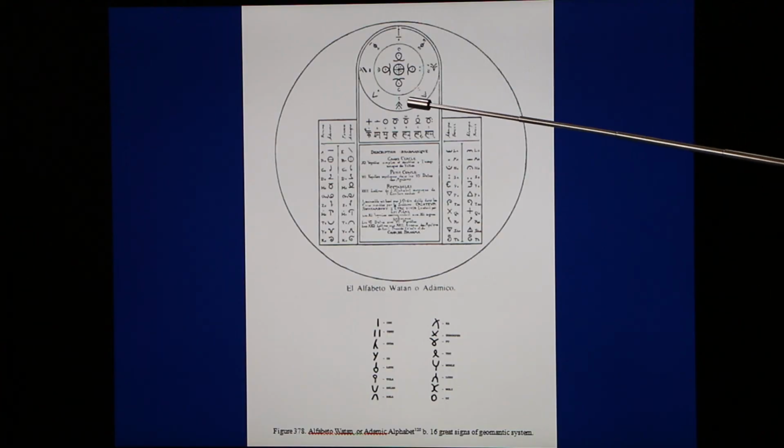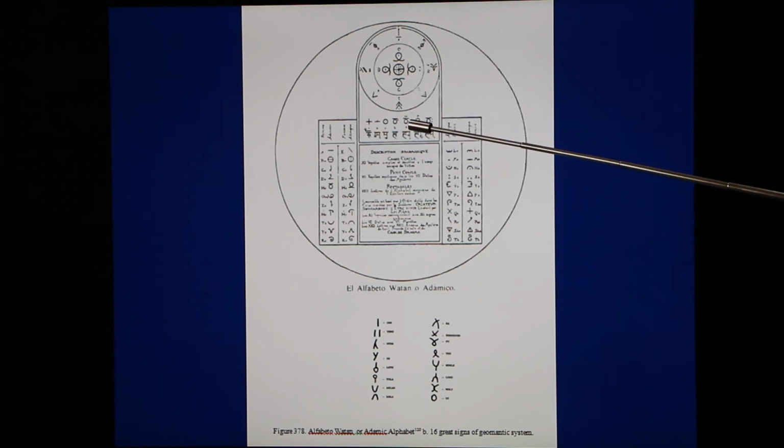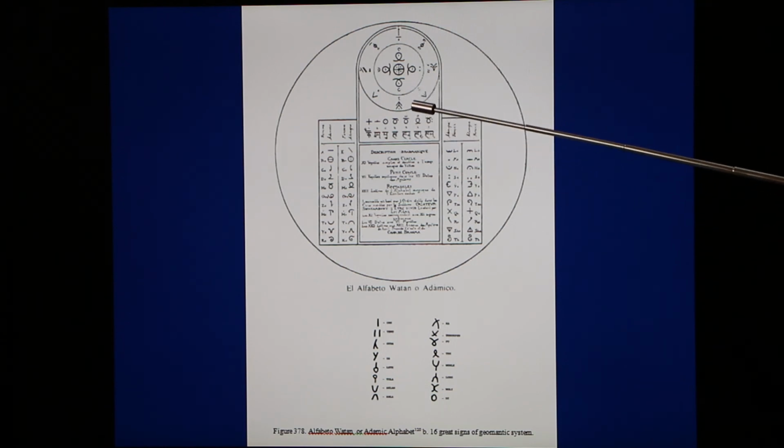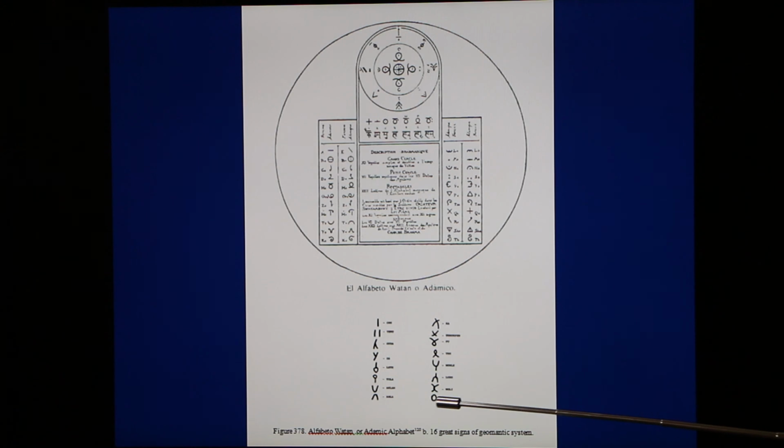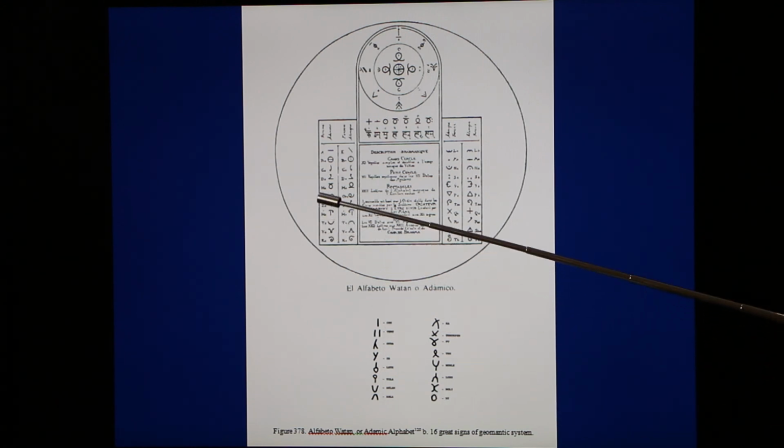And if we look closely here, this is that sign of the male that we saw before at the very first lecture, and the very first symbols. And here, and that's Ha and He, depending on whether it goes up or down. And that links to the 16 great signs of the geomantic system. And there we find it again.